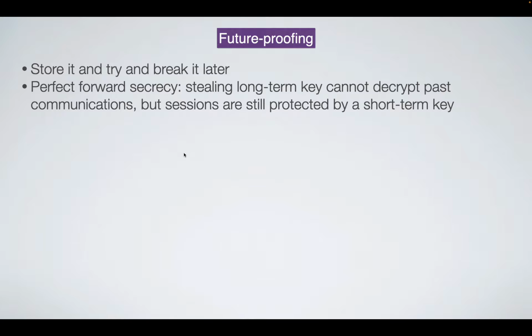So there's this back and forth that goes on. It used to be the case that you could choose whether you want to do perfect forward secrecy or not. But starting in TLS 1.2, I believe, definitely in 1.3, you can only do perfect forward secrecy.